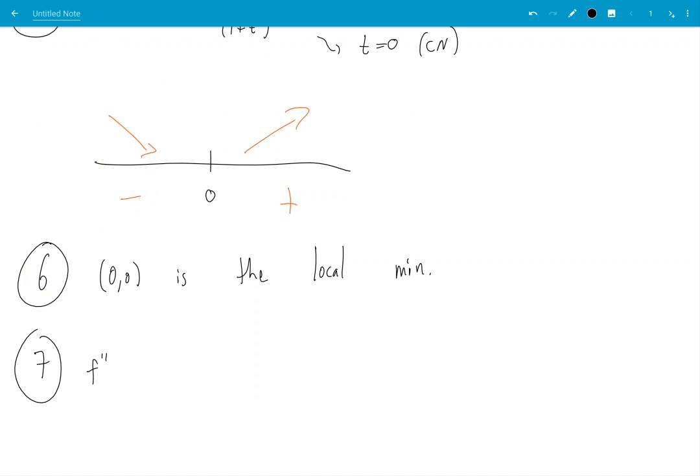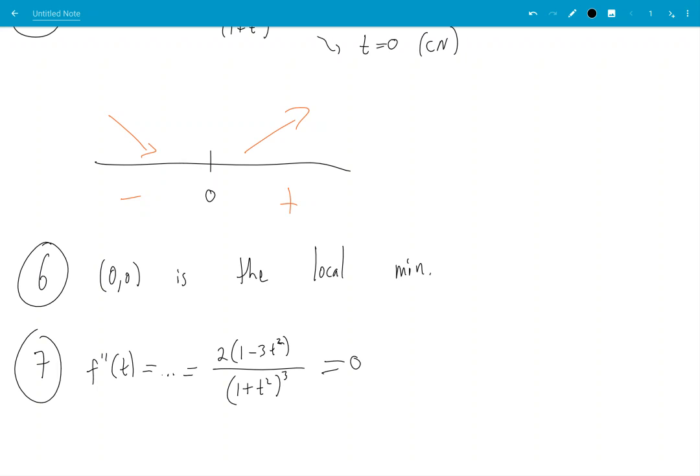So f double prime of t is (1 minus 3t squared) times 2, all over this guy cubed.